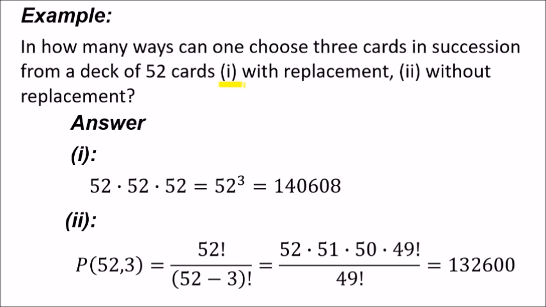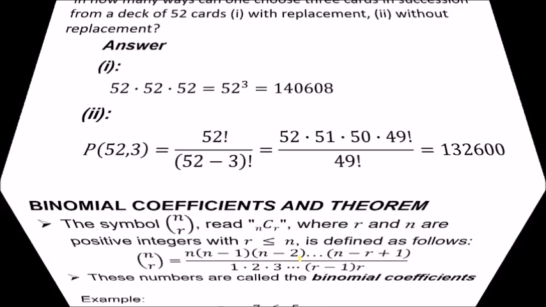So 52 times 51 times 50 is equal to 132,600. This is the formula of permutations. This without replacement is a permutation formula. It is just like using the fundamental principle of counting, where we multiply the possible outcomes of each procedure. But actually, that is a permutation.